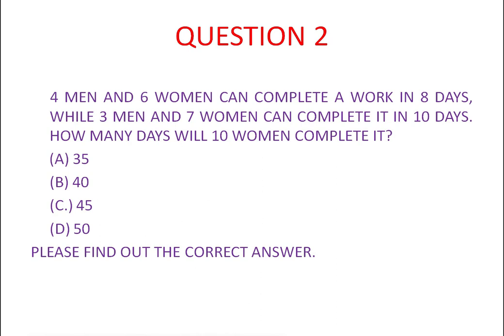How many days will 10 women take to complete it? The question is basically saying, for the same work, how many days will be taken by 10 women if they are working on that same work. So let's go to the solution.